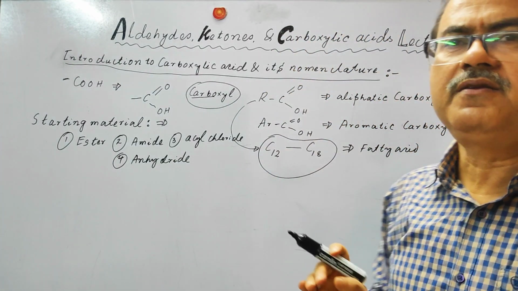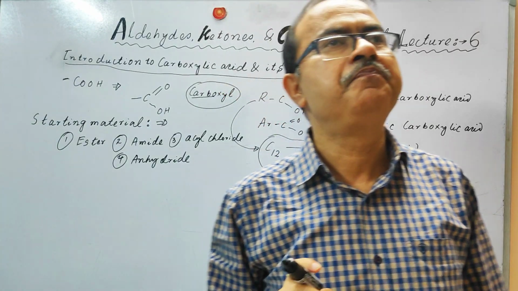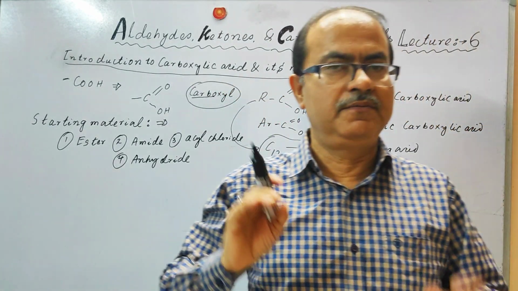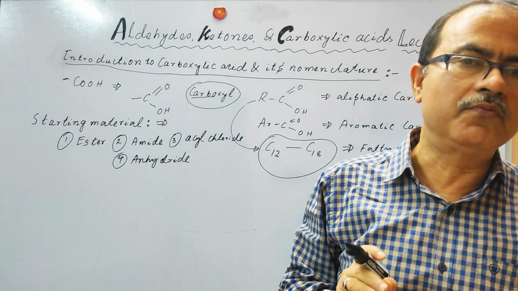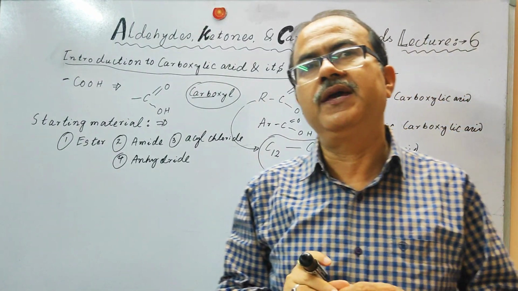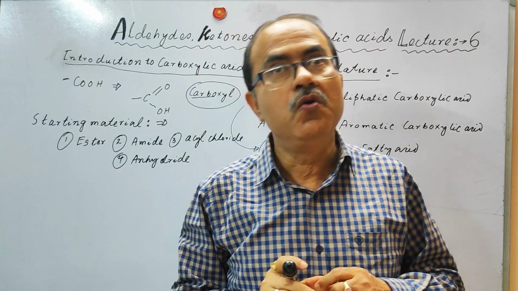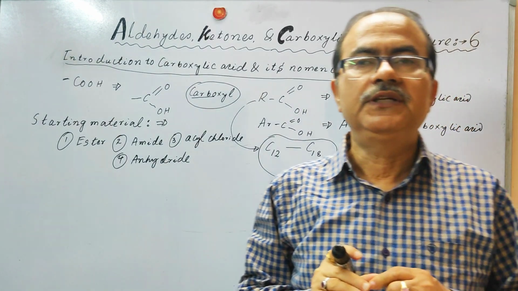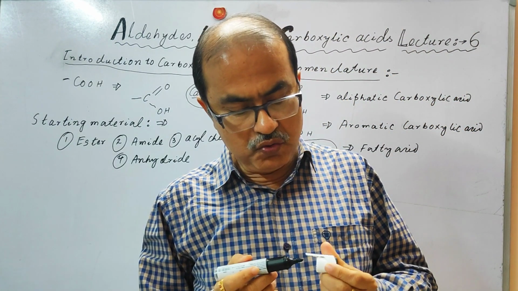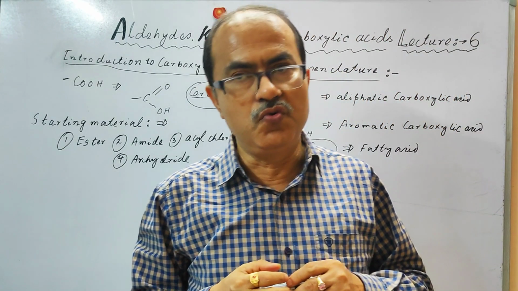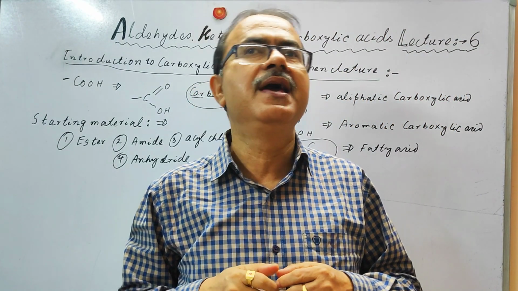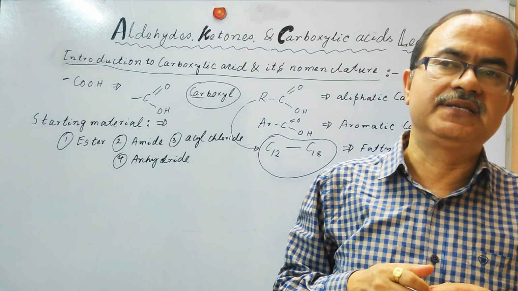So this is a general introduction of this carboxylic acid. The basic thing is that when an organic compound contains this carboxyl group, we will call it a carboxylic acid. When there is an alkyl group attached to the carbon atom of the carboxyl group, we will call it an aliphatic carboxylic acid.